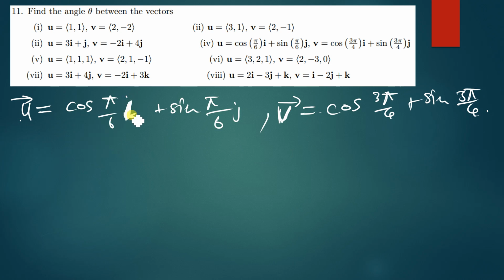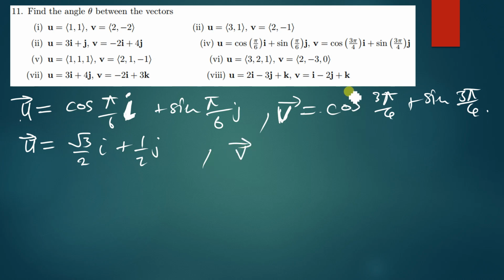So if this is what you have, and you want to solve the question, so you have u being equal to cos pi over 6, so pi over 6 is just the same as 30 degrees. Cos 30 is root 3 over 2 i, then sine 30 is 0.5, which is just the same as 1 over 2 j. So we move on to v.